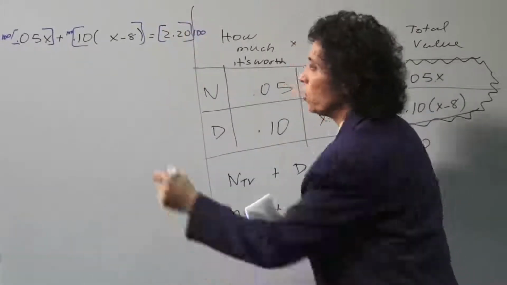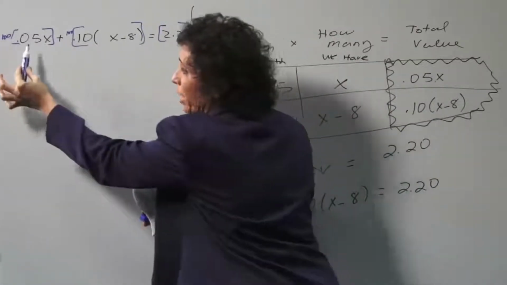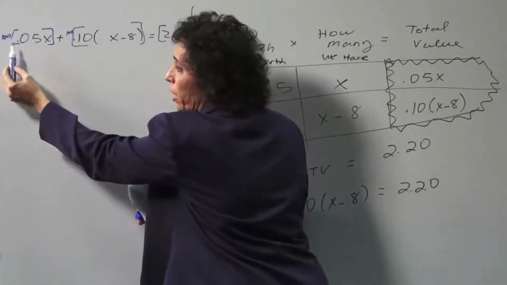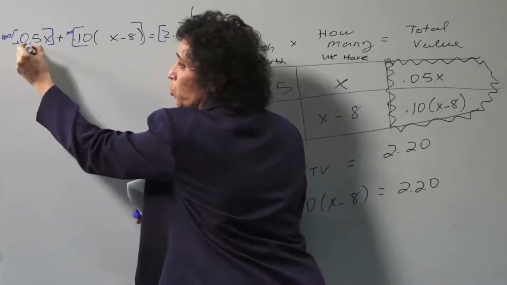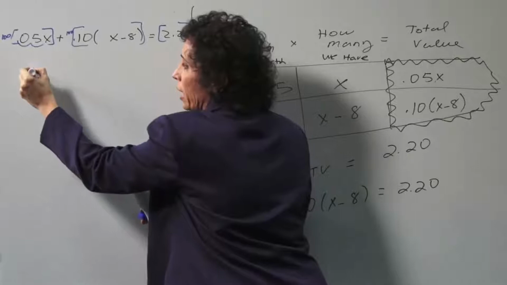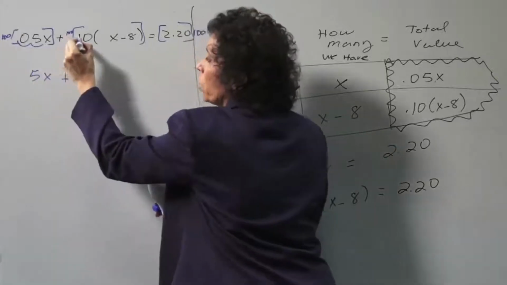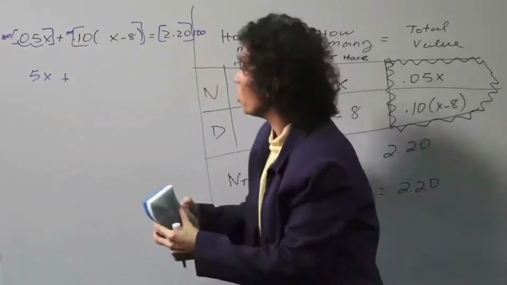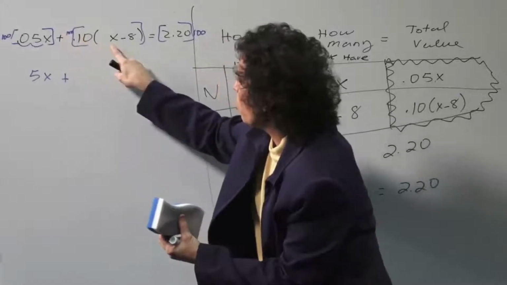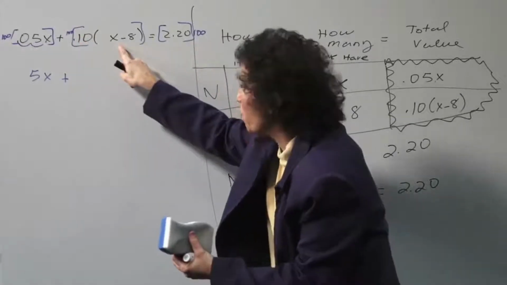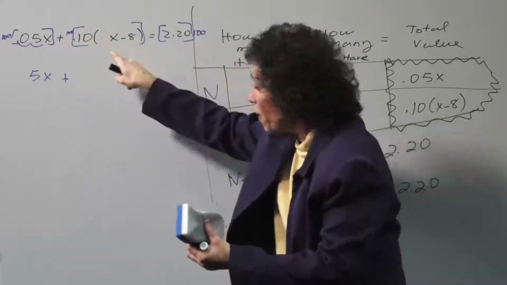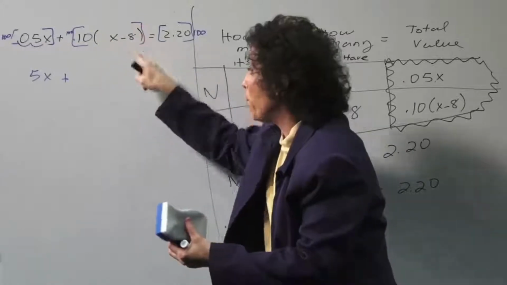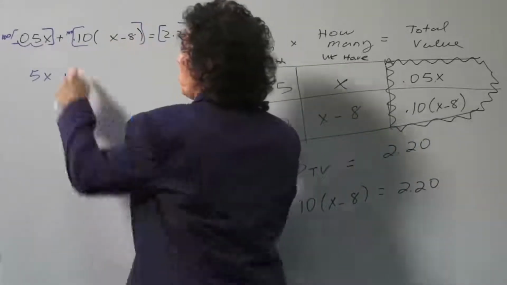Now watch how this goes. There's 3 factors here. I multiply any 2 first. If I multiply a decimal by 100, I move the decimal point 2 places to the right, and I get 5x plus. Now look, there's 3 factors here: 1, 2, 3. This whole thing, x minus 8, is a factor. I multiply any 2 factors first, my answer by my third one. So I'm going to multiply these 2 first.